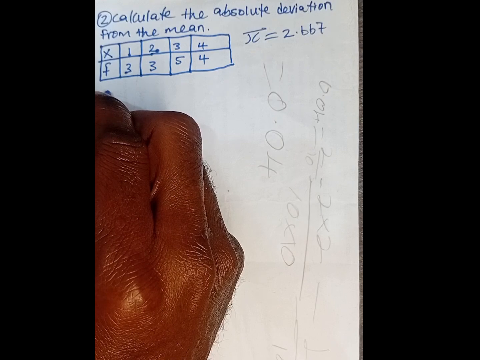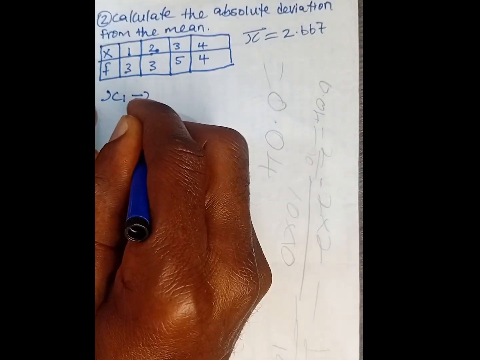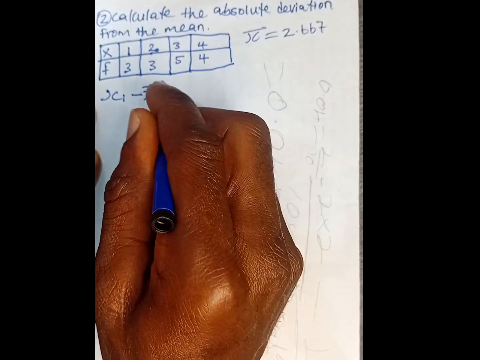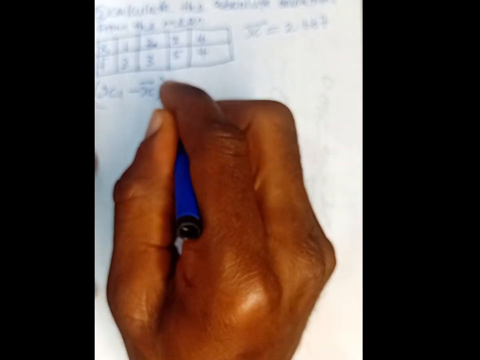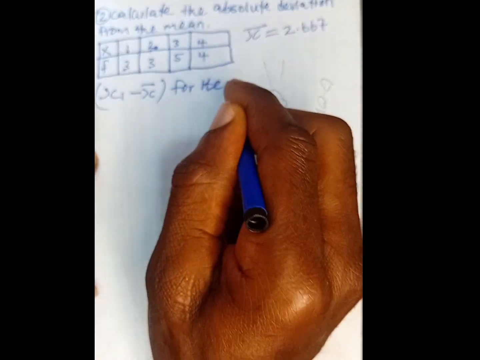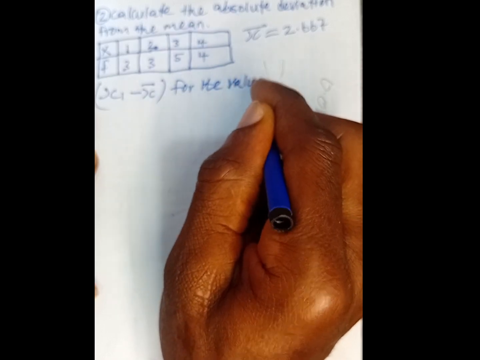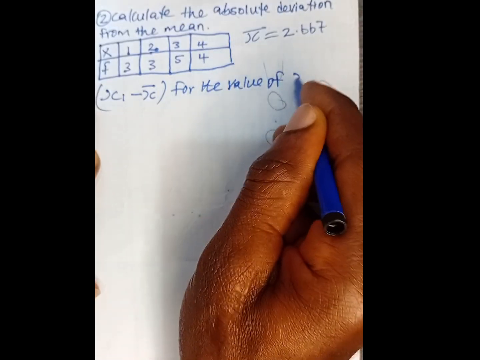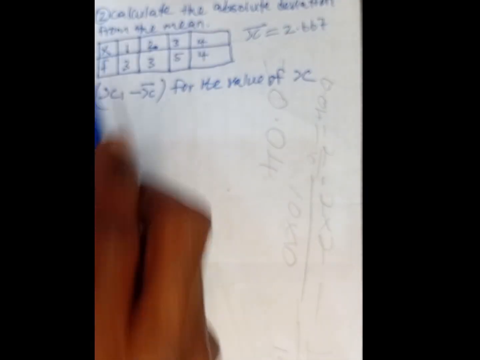We have our formula, x1 minus x bar, for the value of x.